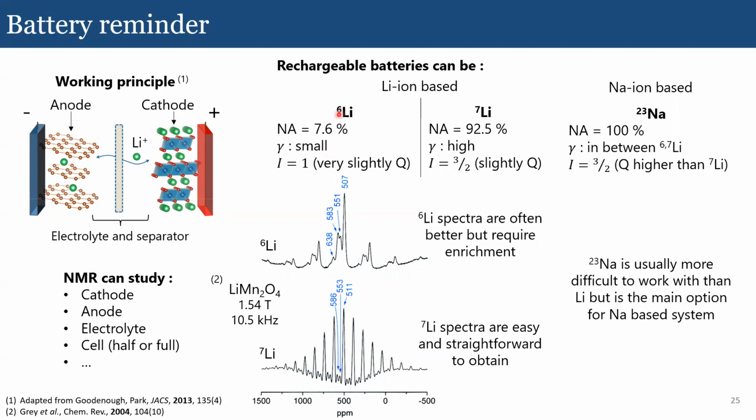But the problem is that 6Li is only 7.6% abundant and has a low gamma value. So it's still feasible, but it's going to take more time and often require isotopic enrichment or labeling if you want to do 6Li NMR. But both exist and they have pros and cons.